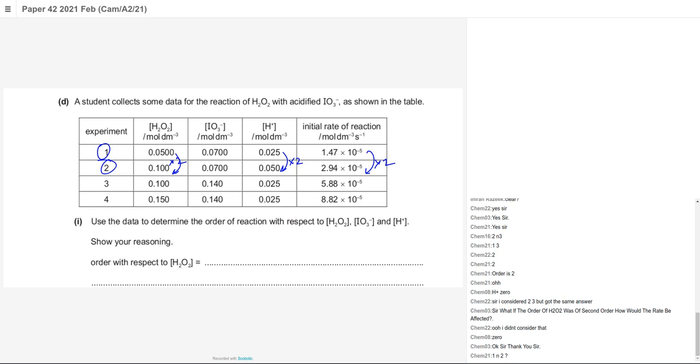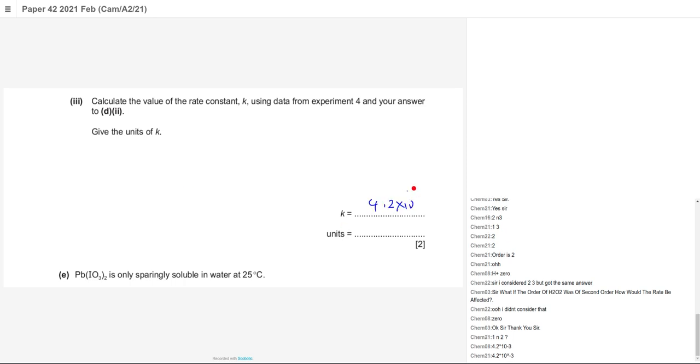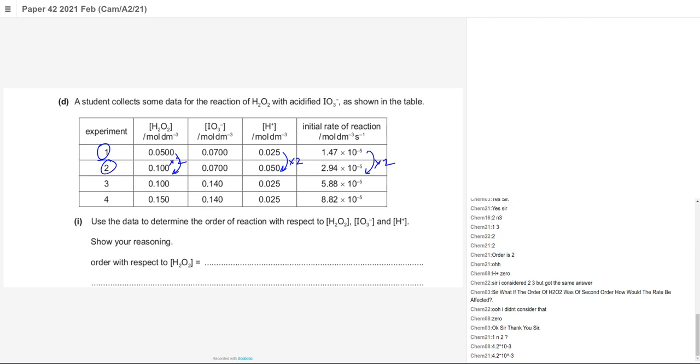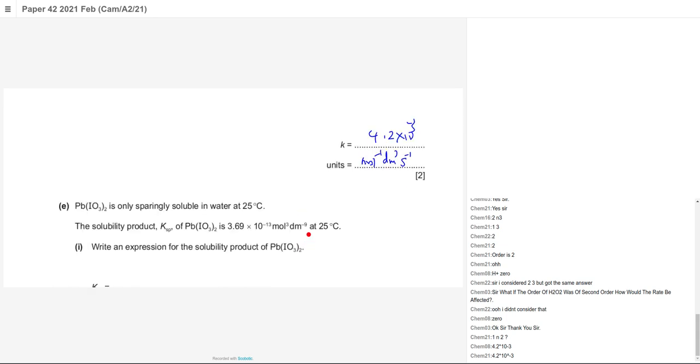So moles per decimeter cube times moles per decimeter cube. So one mole per decimeter cube can be cancelled. So the unit will be per mole dm cube per second. That's the unit. As for the value, you substitute and get the answer. As for Chem 8, it is 4.2 × 10 to the power minus 3 per mole dm cube per second. Clear?